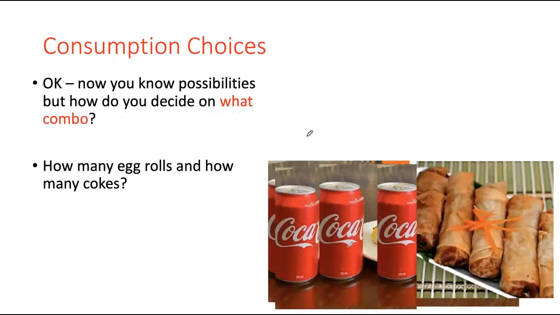Now that we are comfortable with the budget line, remember our total utility. We want to maximize that total utility. So we are assuming that we are consuming 2 goods, egg rolls and Coke, and just like we had a total utility table and a marginal utility table for egg rolls, we'll have a similar information set for Coke available also.